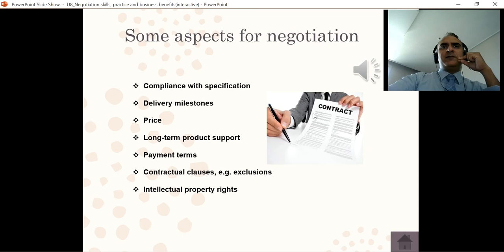So now, the aspects of the negotiation, like I said, what do we need to look at when we start this negotiation? In this case, we need to know the specifications of the contract, or the specifications of the product that we need, right?